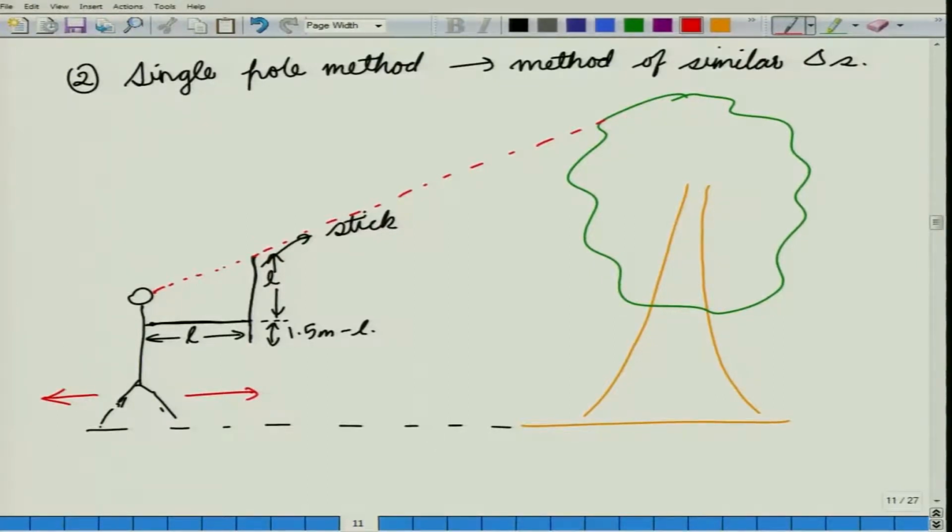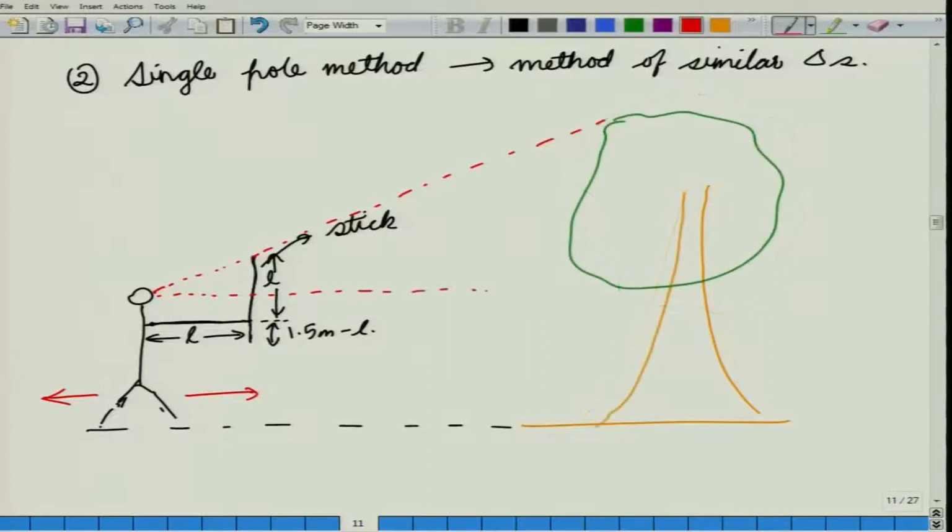So, when that is done, let us form two triangles now. Draw a line from his eye to the tree, and suppose this is the axis of the tree.